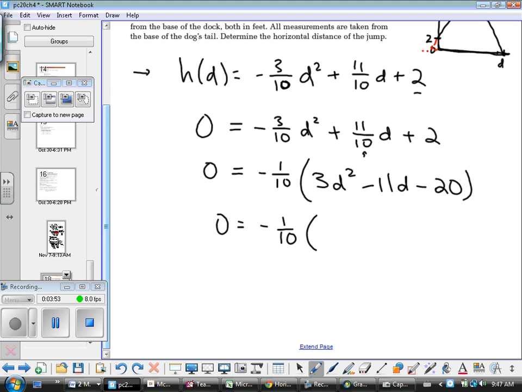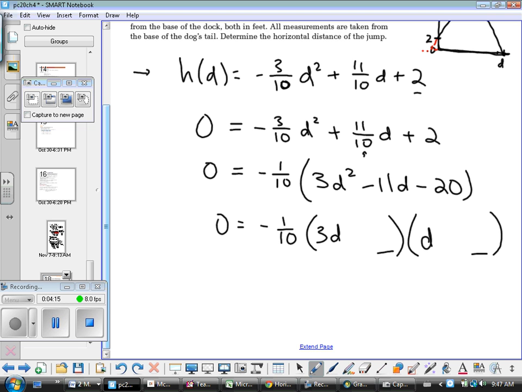Okay, so let's try. I know that whatever those second parts are, the first term of each binomial is definitely going to be 3d and d, because those are the only things that I could be multiplying together to give me 3d squared. And so it's just these last two parts. I'm going to start with 4 and 5.